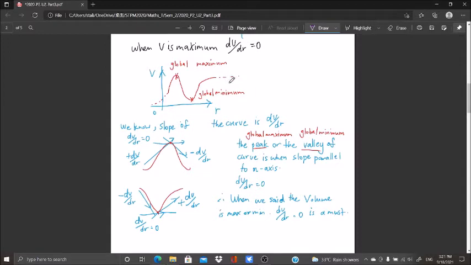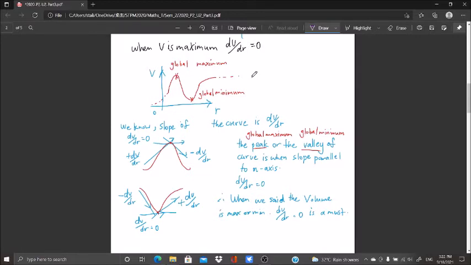Global minimum is the other way around: the lowest point in the whole curve. Local maximum and local minimum mean that within a certain range, it is the relatively highest or lowest point.